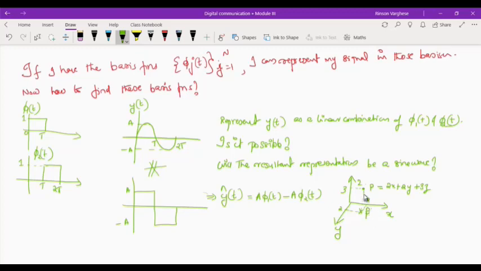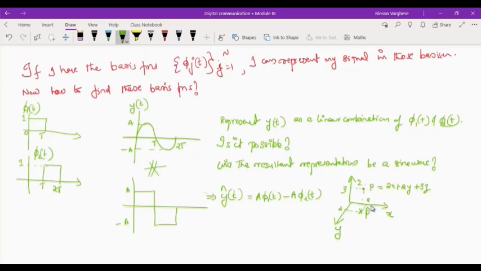This is what is called the projection of the point P in this two-dimensional space. You have a point which falls in three-dimensional space, but you are asked to represent it in two-dimensional space. Then you have to project that point into the two-dimensional space, and that will be your estimate or approximate representation of this point.